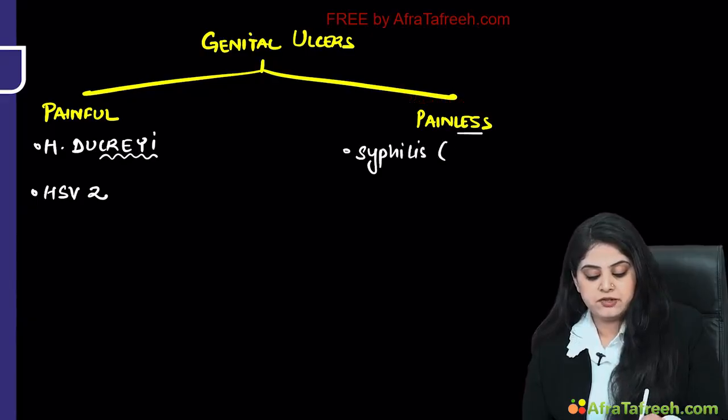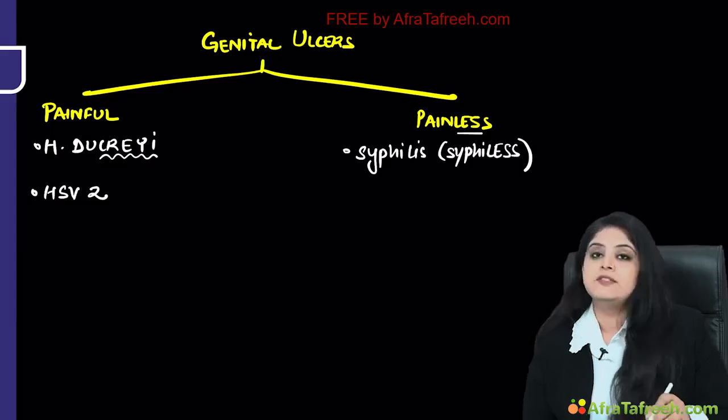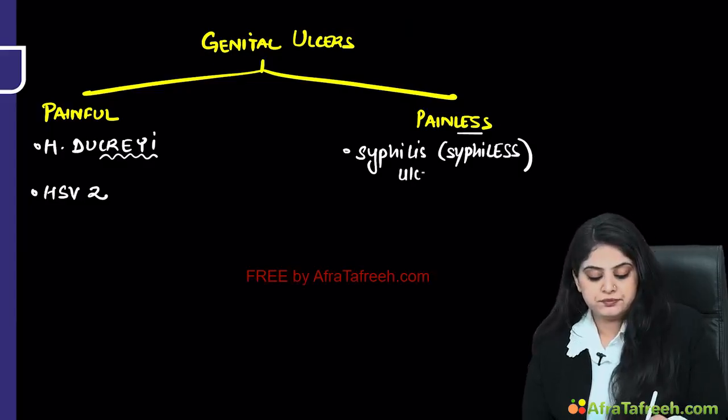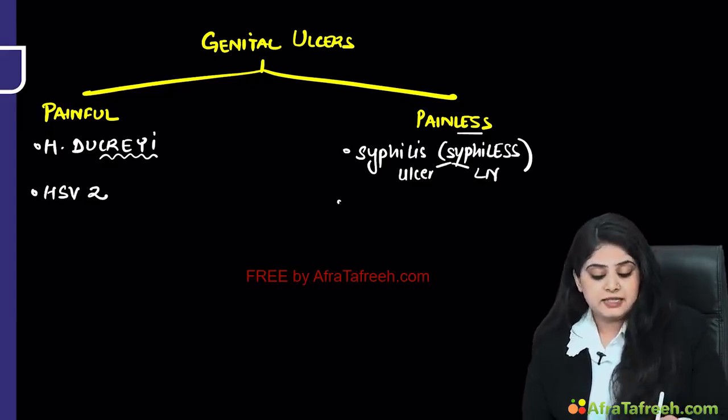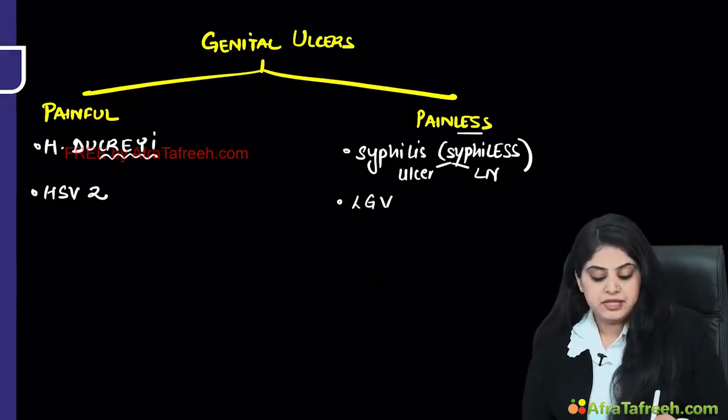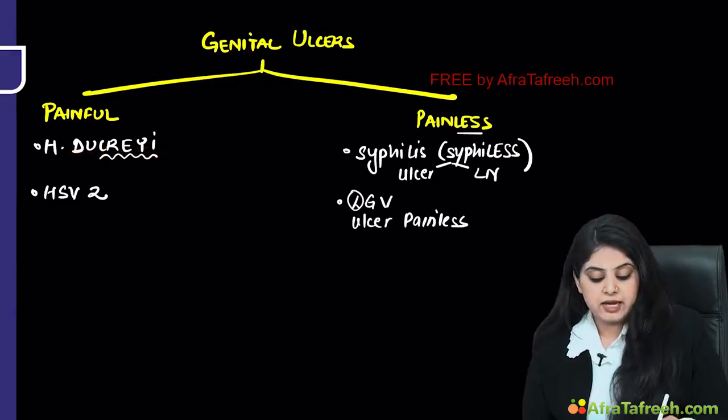In painless, we had learned syphilis. That is how we learned it, right? In syphilis everything is going to be painless. There is a painless ulcer and a painless lymph node also. Other than that, we had learned lymphogranuloma venereum. The ulcer is definitely painless, which is why I've put it under this category. But L for L, the lymph node is going to be painful, and that painful lymph node was referred to as buboes.